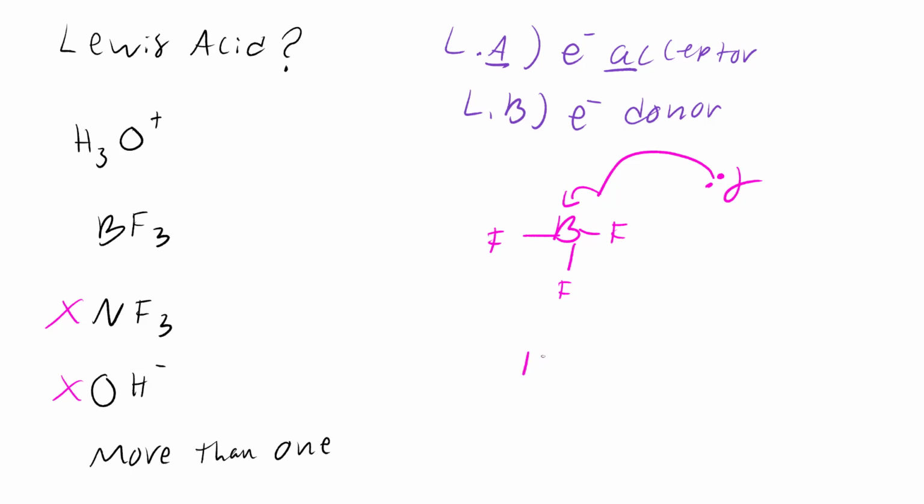And so we would have fluorine, boron, fluorine, and fluorine. And that's pretty happy too. But the main thing that you should know is that boron is really happy with 3 bonds, and it can actually accept the electrons if the opportunity arises. Okay, so that's pretty good.